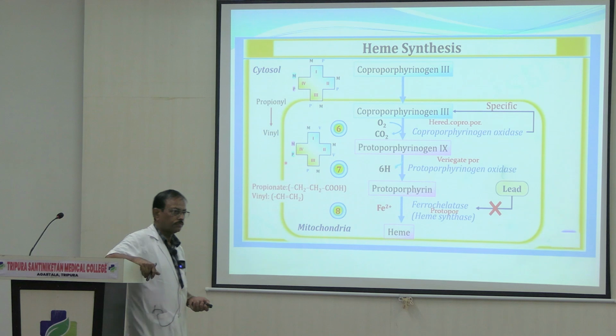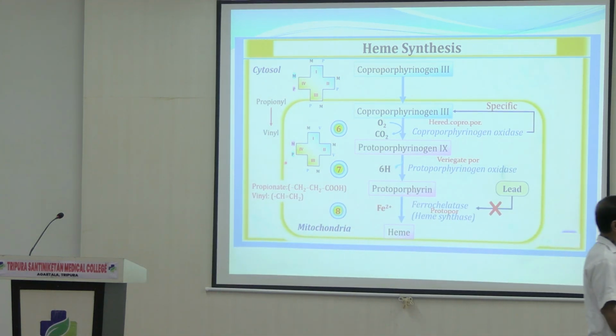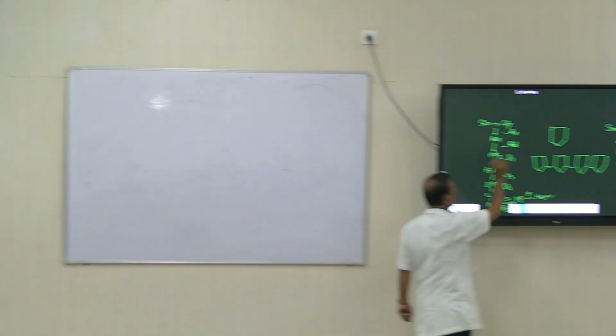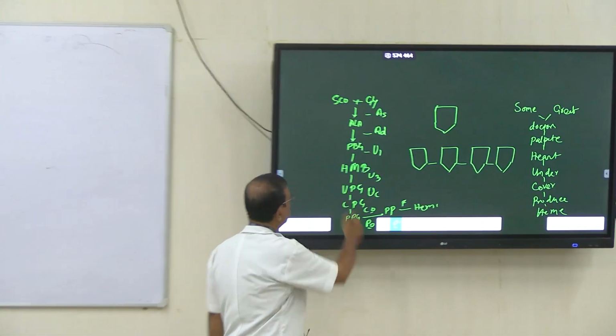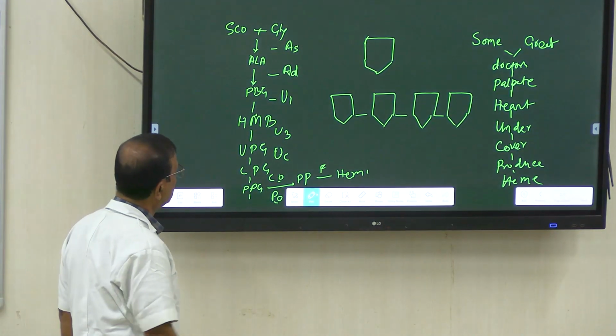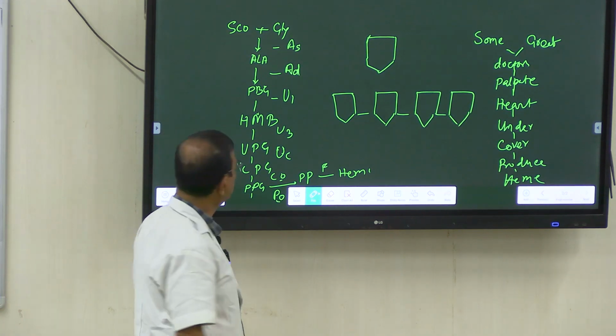That is why, remembering the enzymes in the pathway, we have just simplified here. First is ALA synthase, second is from ALA to porphobilinogen, ALA dehydratase, then porphobilinogen to hydroxymethylbilane. This is uroporphyrinogen 1 synthase.